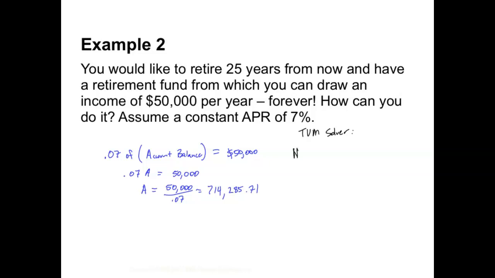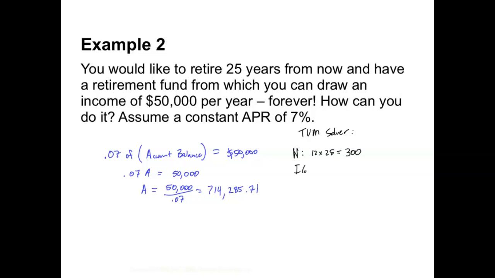So we need N, which is my total number of deposits. Here, I'm going to be making monthly deposits for 25 years, so the total number of deposits I'm going to make is 12 times 25, which is 300 deposits.